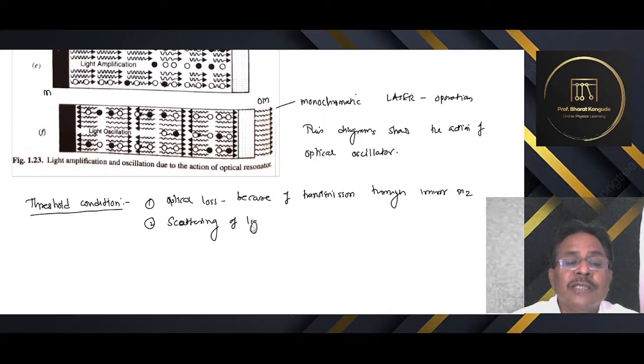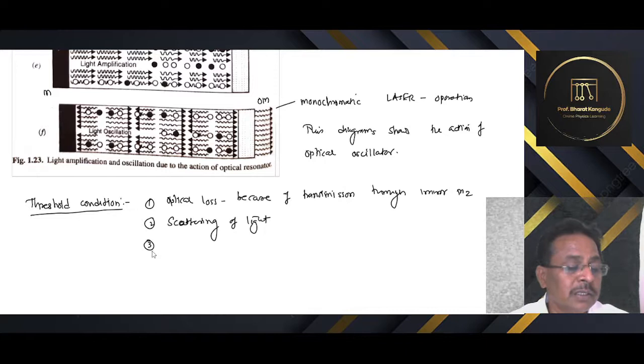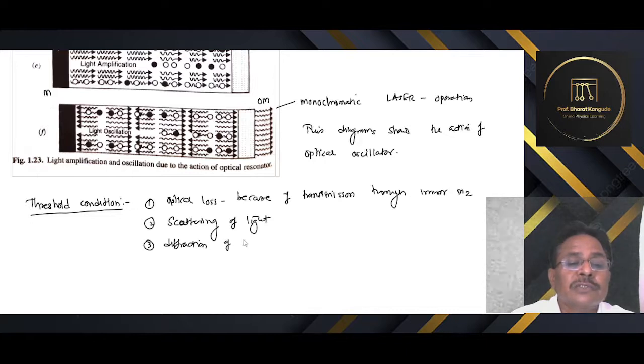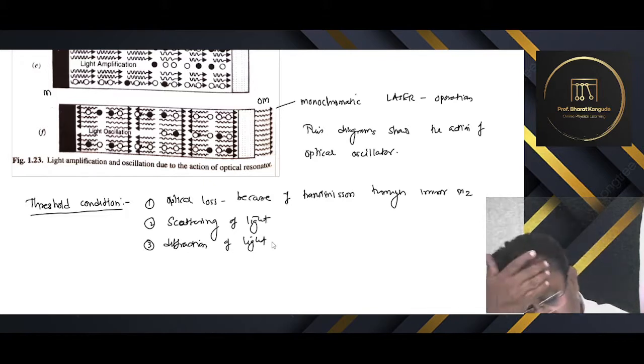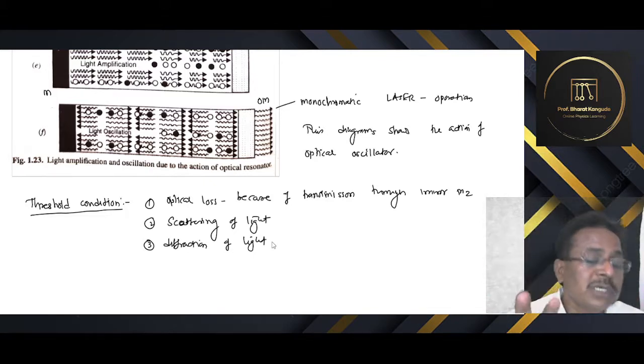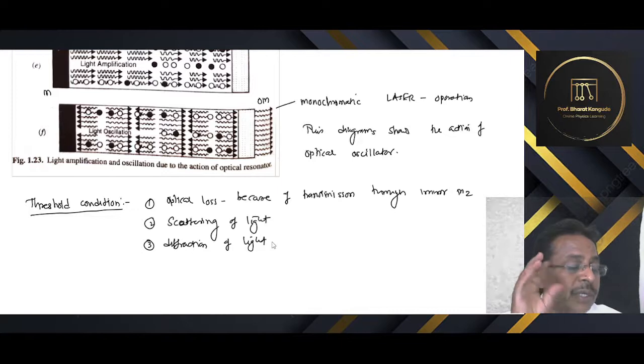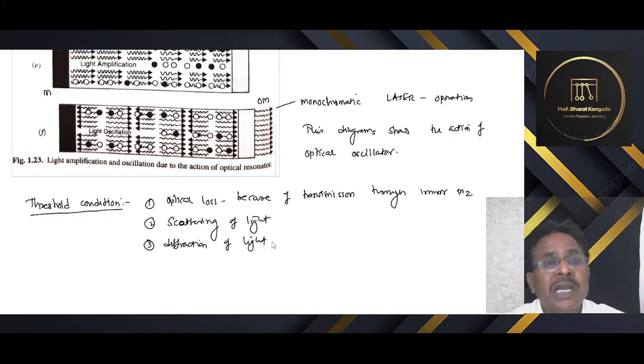Scattering of light is another phenomenon with which certain energy is lost. And the third one is diffraction of light. These are the three different operations with which any laser source or active medium loses some amount of laser light. For the proper build-up of the oscillations, whatever number of oscillations are generated, if all of them are lost in this way, then a proper laser output will not be there.